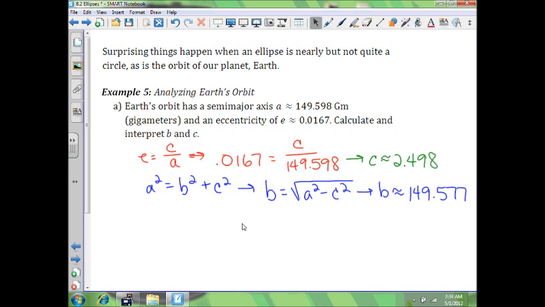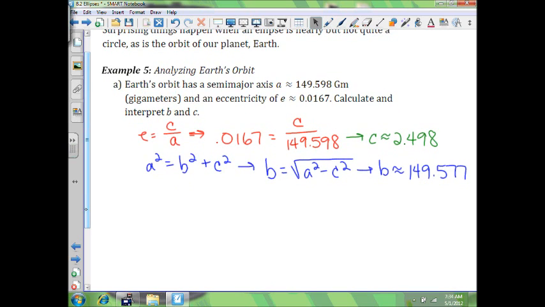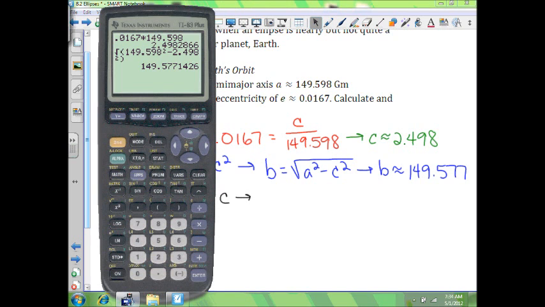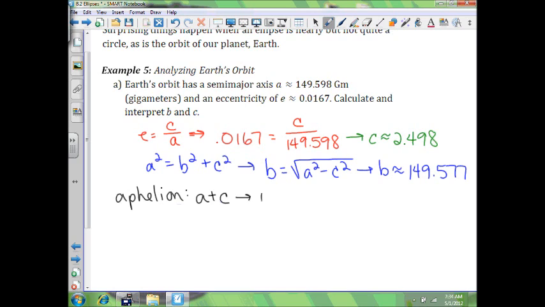So that tells you then my aphelion distance. Again, your aphelion distance is going to be a plus c. That'll be 149.598 plus 2.498, which is 152.096 gigameters.